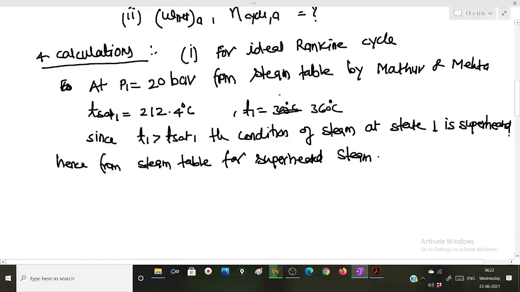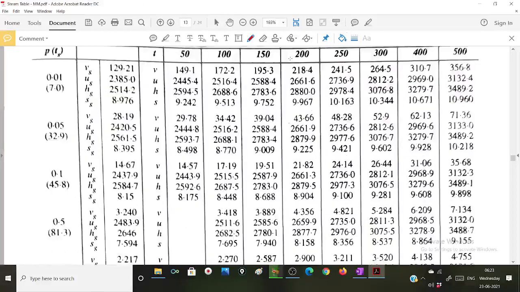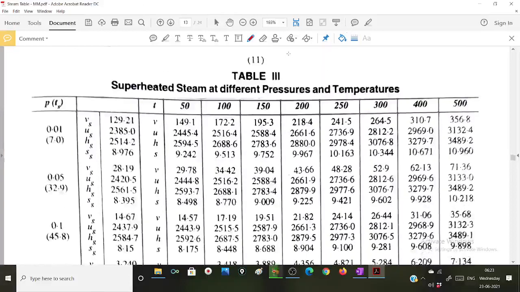At 360 degrees Celsius, for that we have to refer to the steam table. So table number 3 represents different properties of superheated steam at a given pressure. Now I have to locate the 20 bar pressure. Now here also I have been given the values.